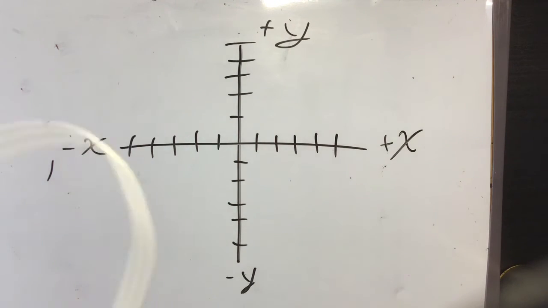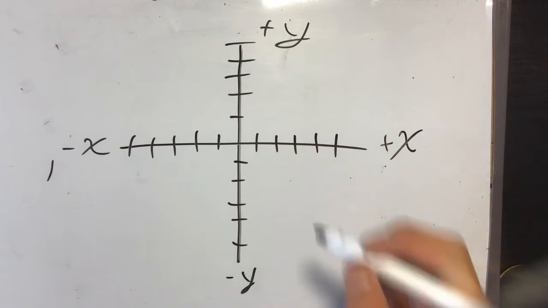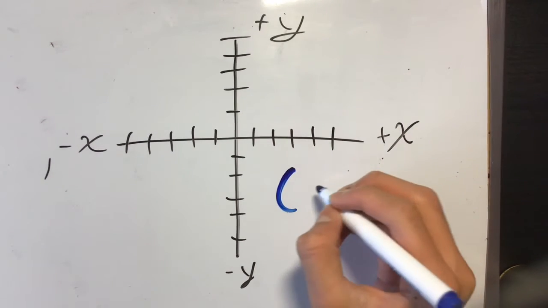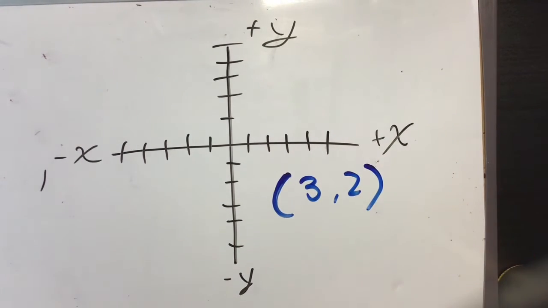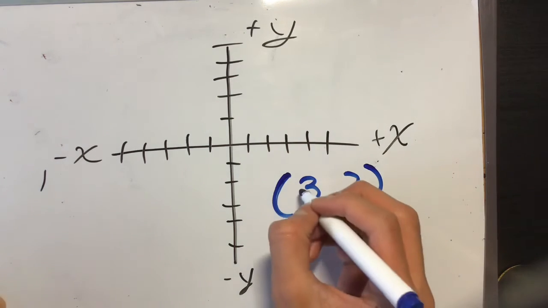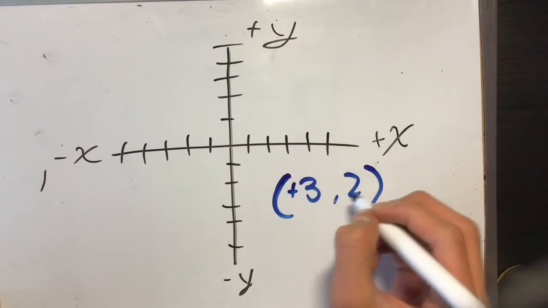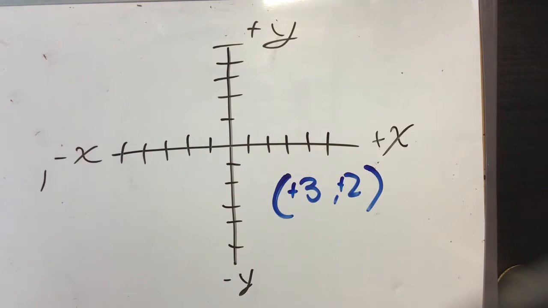Now, like I said before, in a coordinate pair, x is always first. So let's actually learn how to graph now. I'm just going to pick 2 random numbers, 3 and 2. So this is kind of like a number line. X is first, and this is a positive number. You could put a positive if you really wanted to. I'll do that so it's easier to understand.